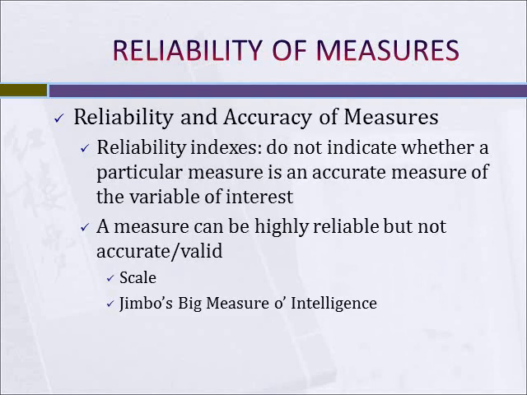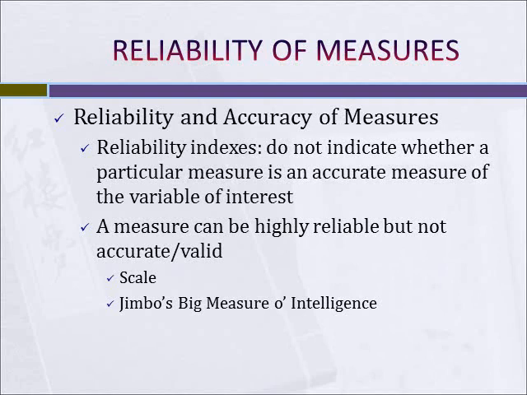All right, so to summarize, just remember that reliability of measures do not indicate whether a particular measure is accurately measuring the variable of interest. Okay? Remember, a measure can be highly reliable. Okay, you might have a high test-retest reliability, a high Cohen's kappa. You might have a scale that has high Cronbach's alpha, but it might still not be measuring what it's supposed to. So think about the scale example that I gave you. Okay, again, a couple of the scales were reliable but not valid, not accurate.